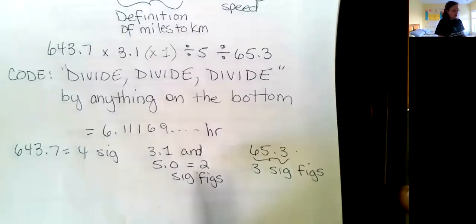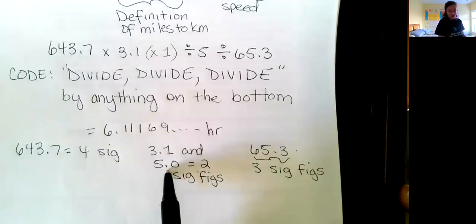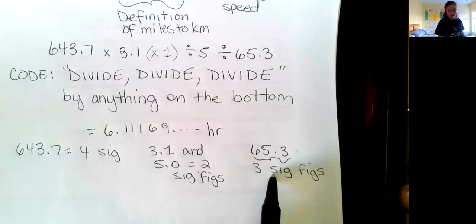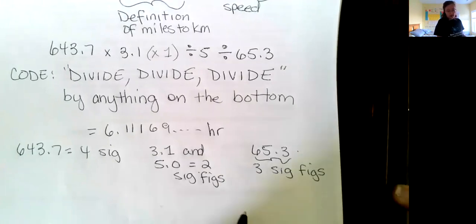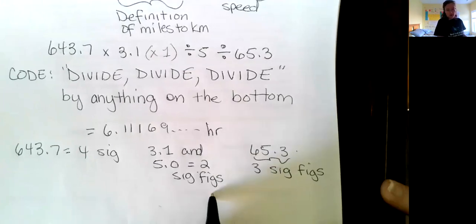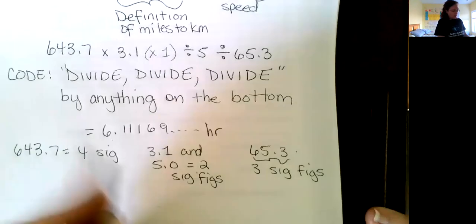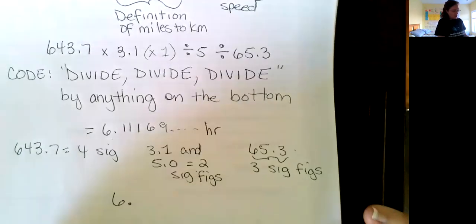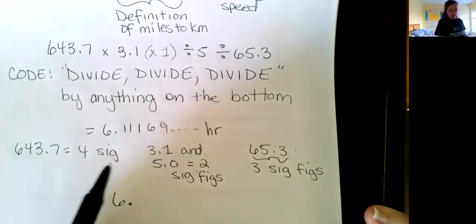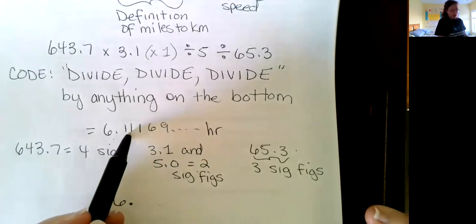I'm going to be flexible. You may decide that you want to just count this as a definition and work with this one. I'm going to be on the side of caution, and I think I'm just going to stick with 2 significant figures. Either way, I have to start with the 6 point. If it's going to be 2 significant figures, I look at the 1 next door to the 1.